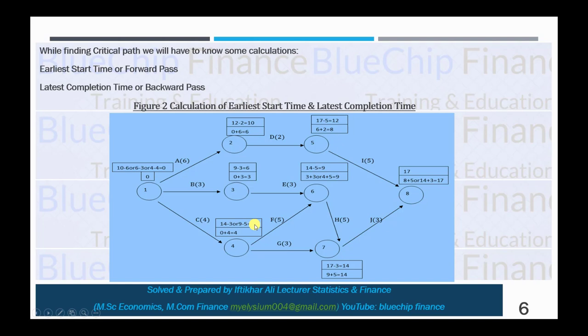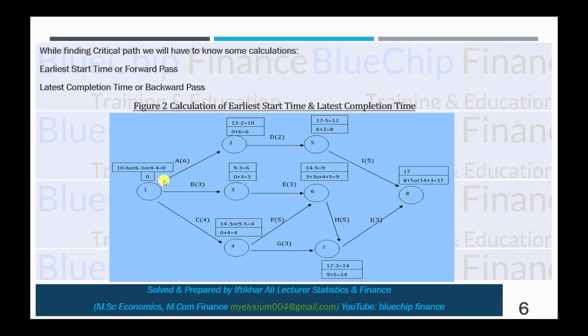So 4 should be taken here. Here one thing is very important. When you calculate forward pass, the maximum time should be taken. And when you calculate the backward pass, the minimum value should be observed. So 14 minus 3 equals 11, but 9 minus 5 equals 4. So 4 should be considered here, and 4 minus 4 equals 0.